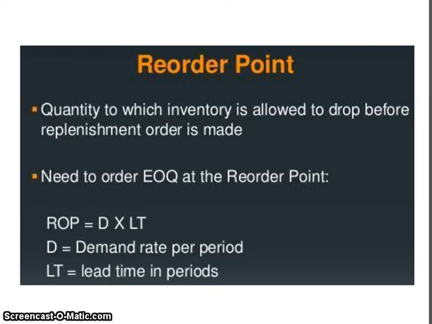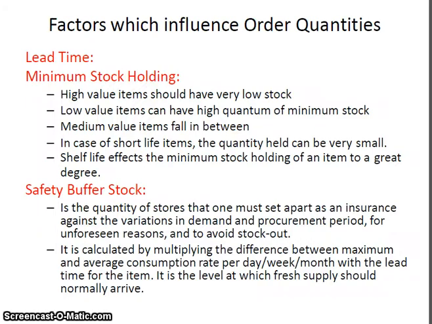Now it is time to place the order. That is what we call the reorder point. Reorder point is equal to D multiplied by LT, where D is the demand rate per period and LT is the lead time in periods.